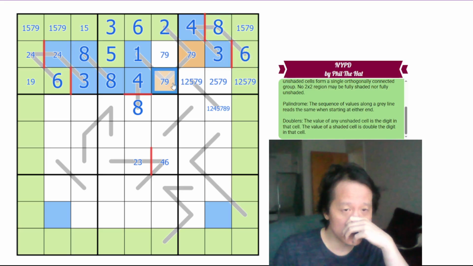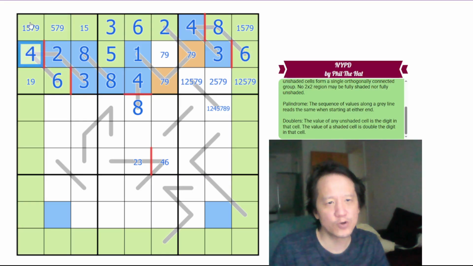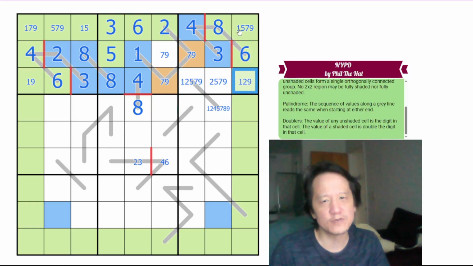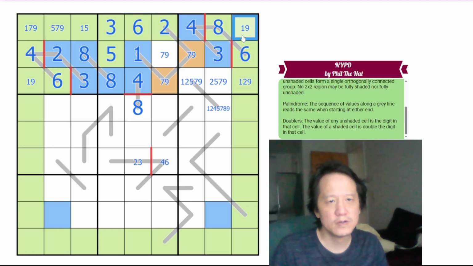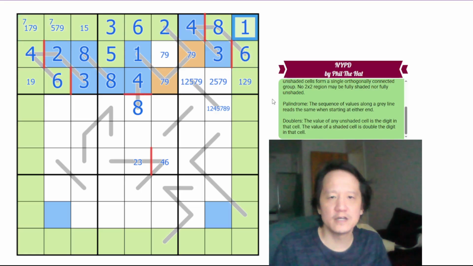We have 8 and 6 here. This is doubled, so this must be 2. This must be 4. 2 cannot be next to 1, so this can't be 1. 4 can't be next to 5. 6 can't be next to 5 or 7. So 7 has to be one of these two. 8 cannot be next to 9, so this is 1.